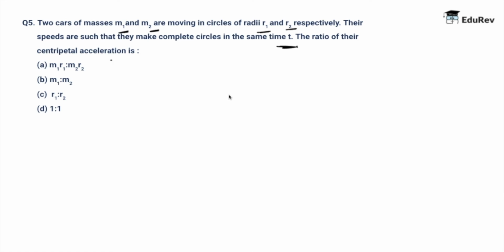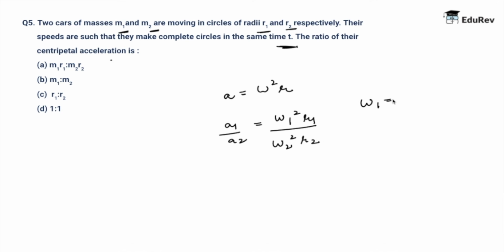So the centripetal acceleration is going to be nothing but omega square r, correct? So a1 by a2 is nothing but omega 1 square r1 upon omega 2 square r2, and omega 1 equals to omega 2. So a1 by a2 is going to be nothing but r1 by r2.